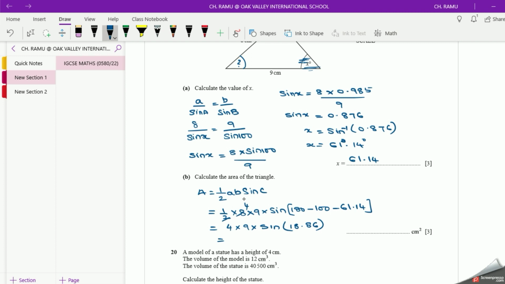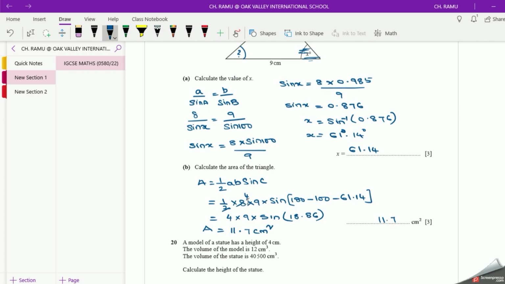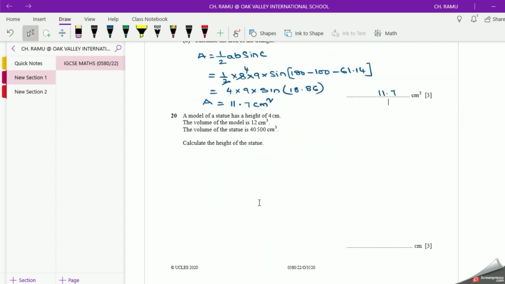So if we do the total simplification, 4 nines are 36 into sin 18.86, and total multiplication, we will get 11.7 centimeter square. So the area is 11.7 centimeter square.